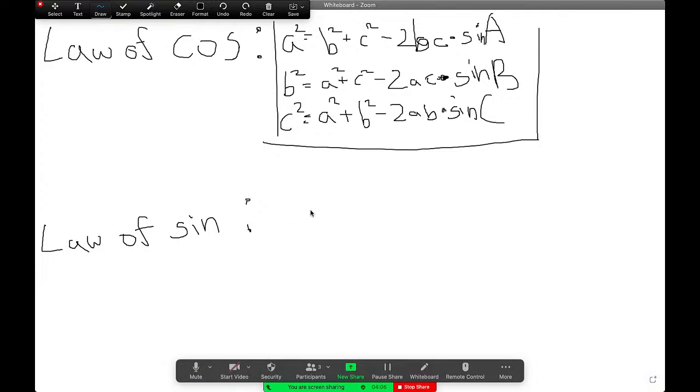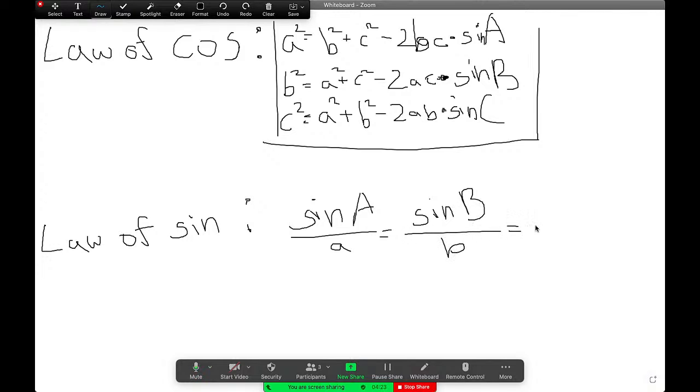So we have sine of A divided by A is equal to sine of B over B, and it's equal to sine of C over C. So this is the law of sines.